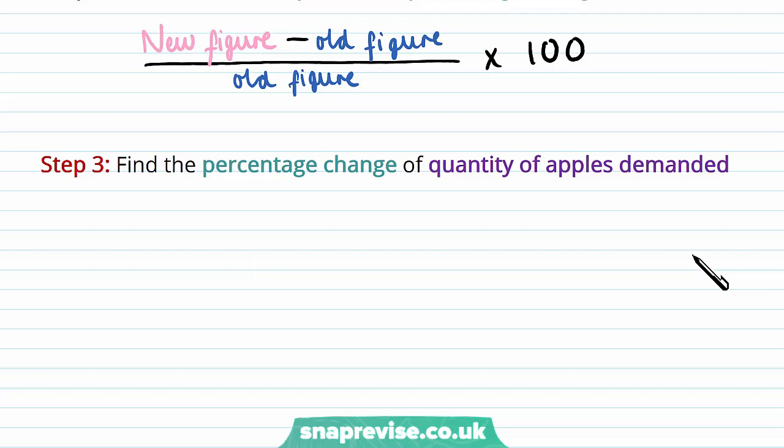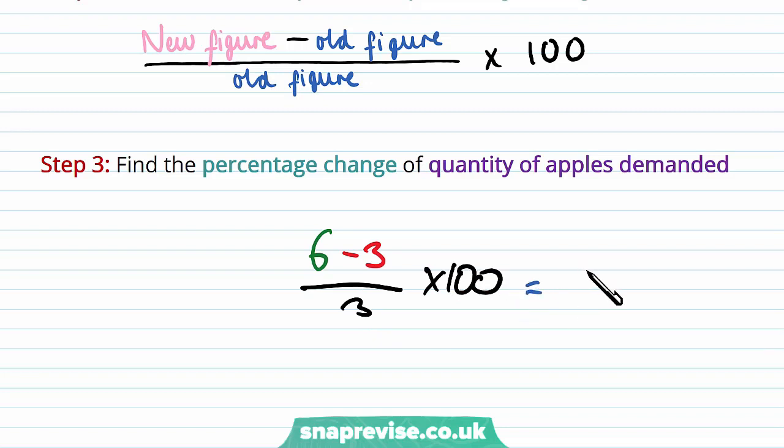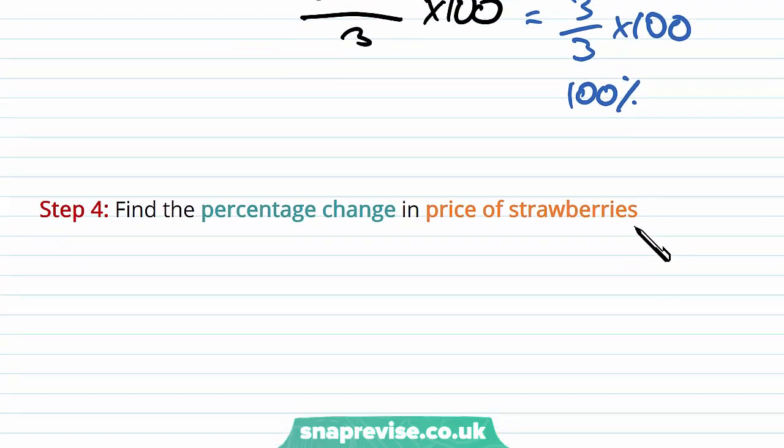We have our new figure, which is 6, minus the old figure, which is 3, all divided by 3 times 100. That's going to be equal to 3 over 3 times 100. So it is 100%.